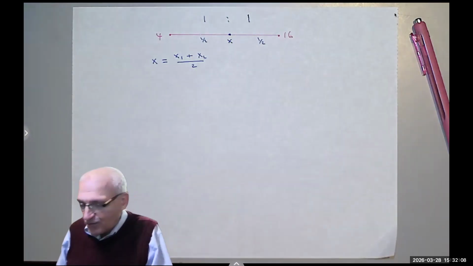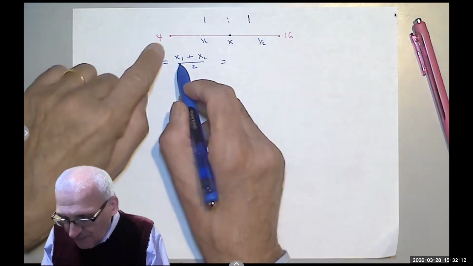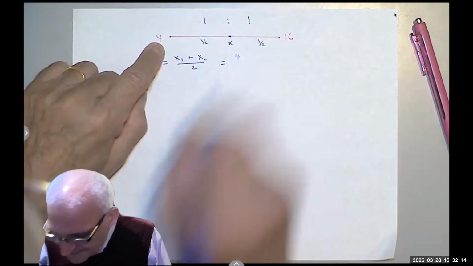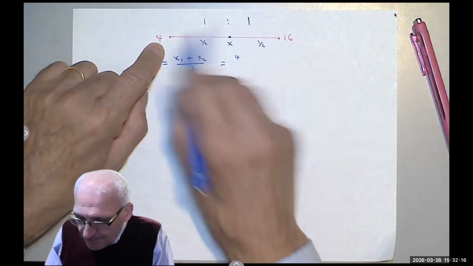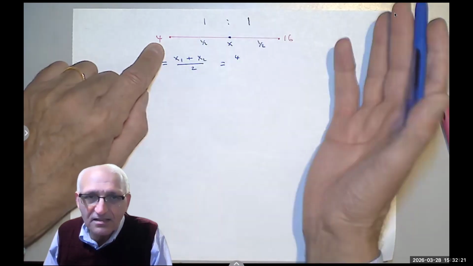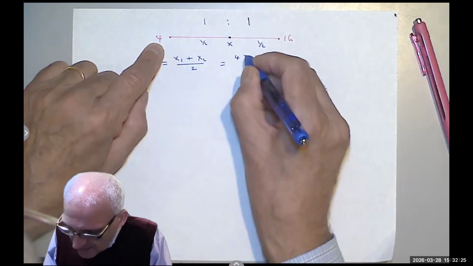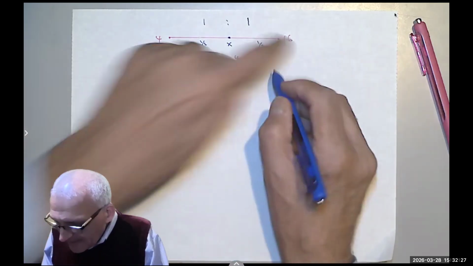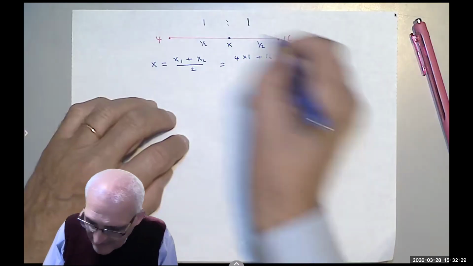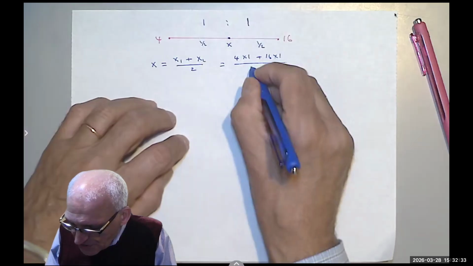But see how it works. I'm going to take the first point, which is 4, and multiply it by the furthest ratio. It's 1 to 1. In this case, they are the same. But if they are different, I'm going to multiply the 4 by the 1 and multiply the 16 by the other one, and then divide by the sum of these two, which is 1 plus 1.